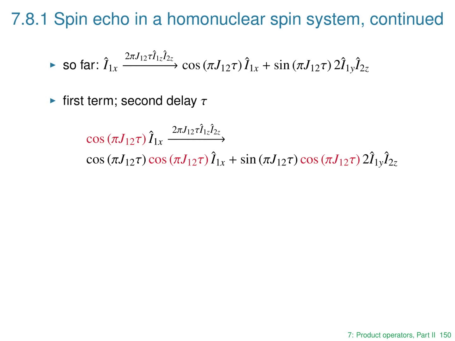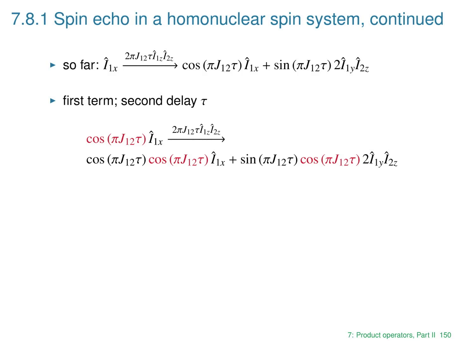So what I've actually got there is I1x going to 2I1y, I2z, which is what you can read off our little diagram. The red term is the factor that carries forward, and then the black term, the cos pi j tau and the sin pi j tau, these are the two new terms that have arisen because of this evolution.